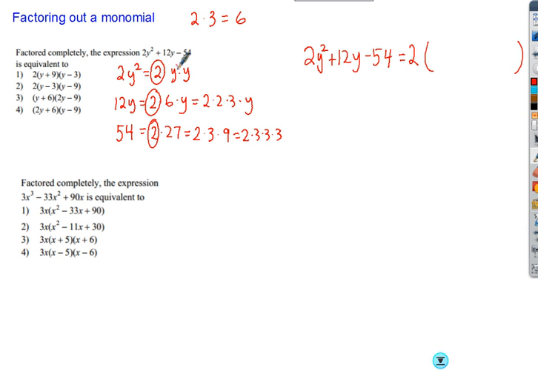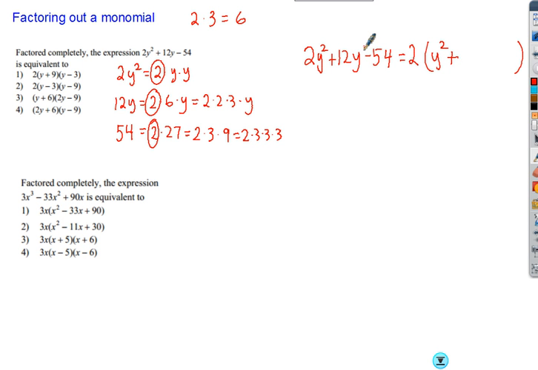Turns out, using this method, it's just the leftovers. Y squared is all that's left over. And you check here, right, this y squared times this 2 gives us the original term right here. So if I think about the distributive property, 2 times y squared would give me 2y squared. We're basically undistributing, right, what happened here.